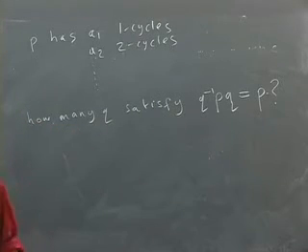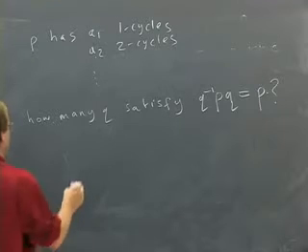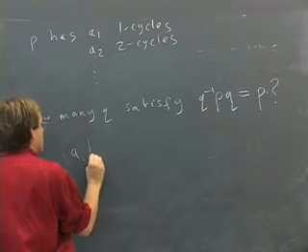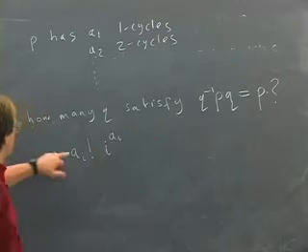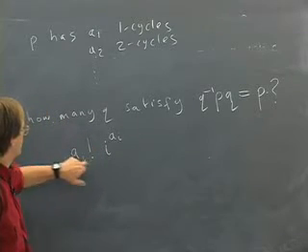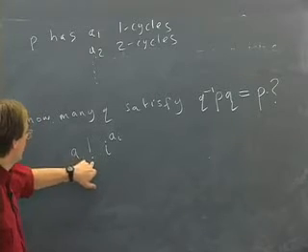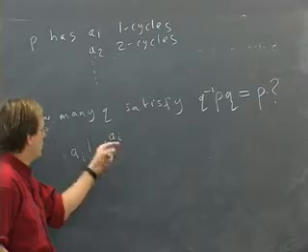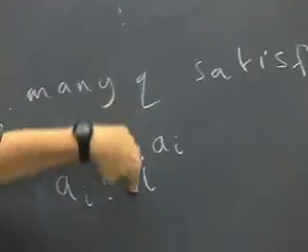Sorry, say that again. The product of a_i factorial. That's right. So the number of ways of matching up all the i-cycles is a_i factorial, and for each such matching, I can actually match the individual cycles each in i ways.